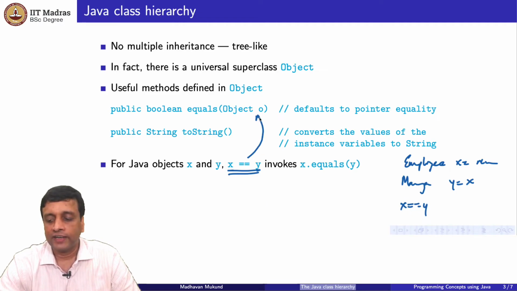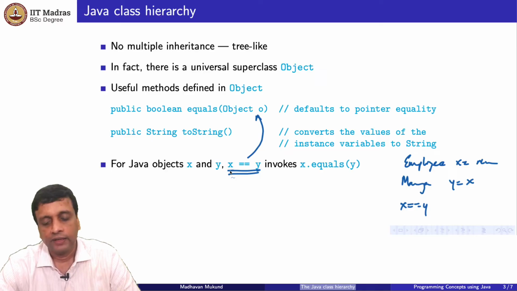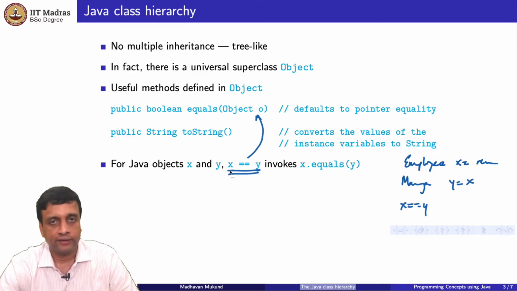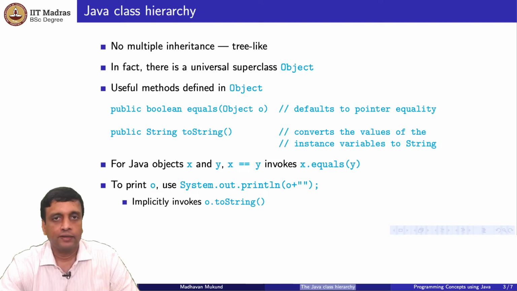Then if I check if X is equal to Y, the answer will be true, because it will call this and it will say that they both point to the same thing, right? So when I compare two objects for equality in Java, the default is it goes and refers to the equals that is given in the Object class. Right? So that is the translation.